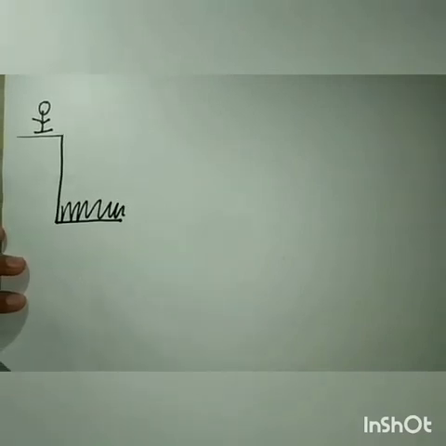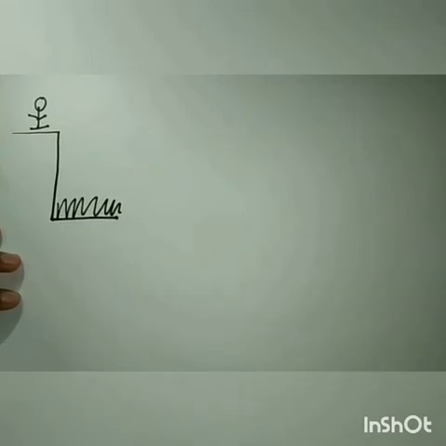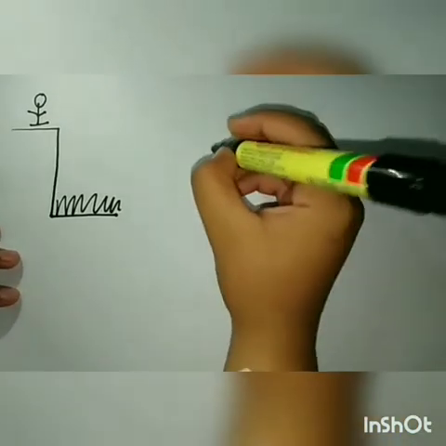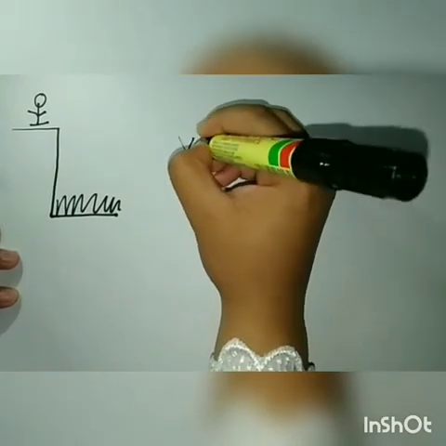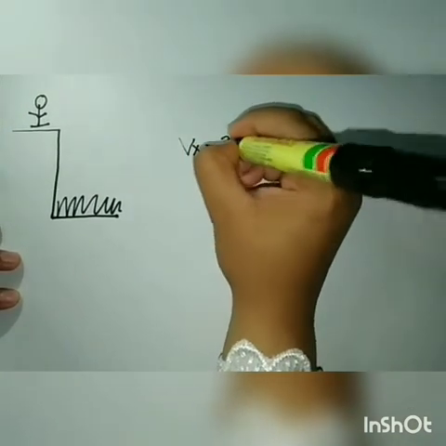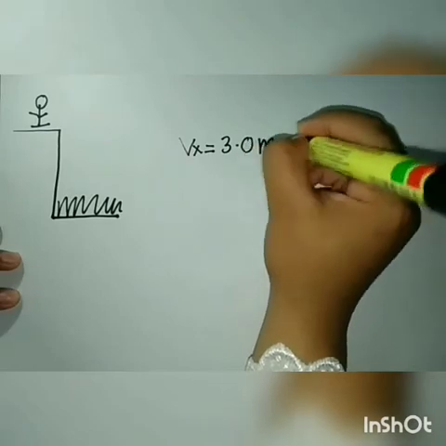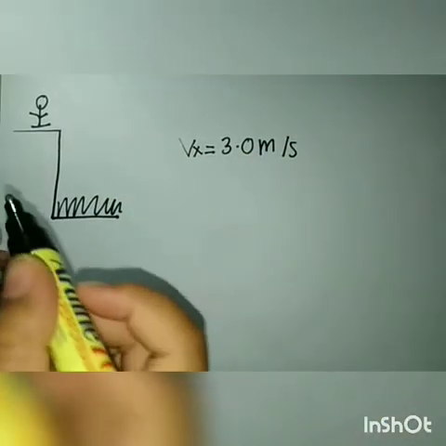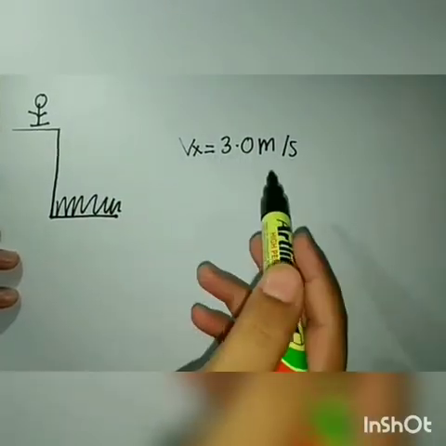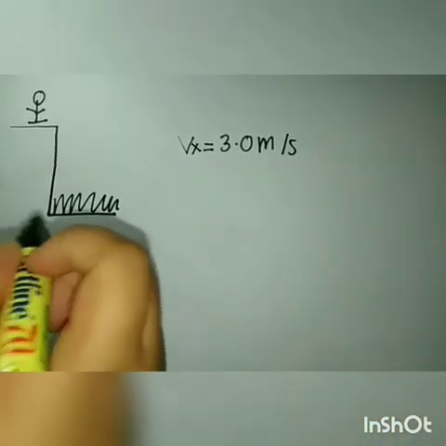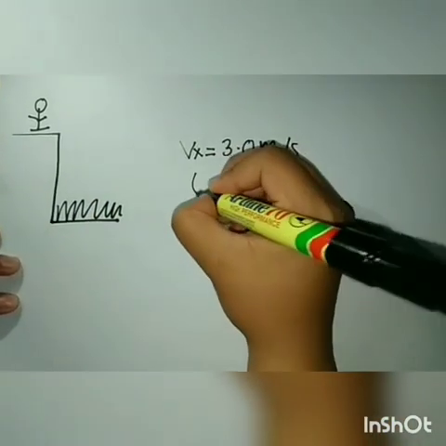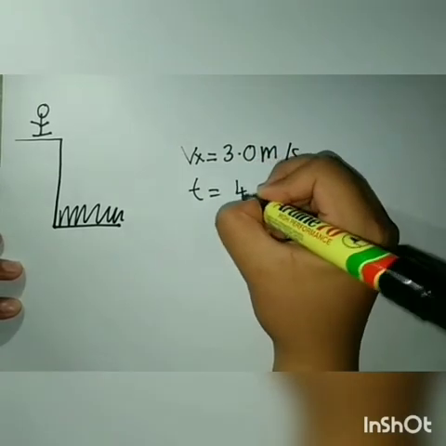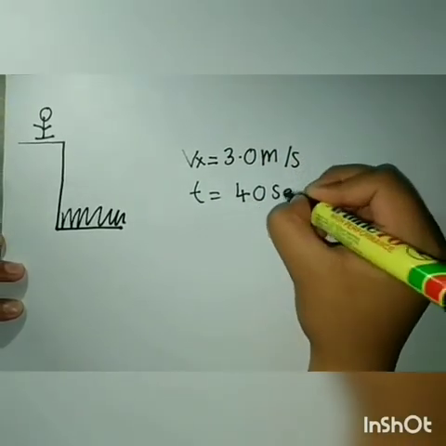The given speed is Vx equal to 3.0 meters per second, because it is horizontal. The next is the time given, which is 4.0 seconds.